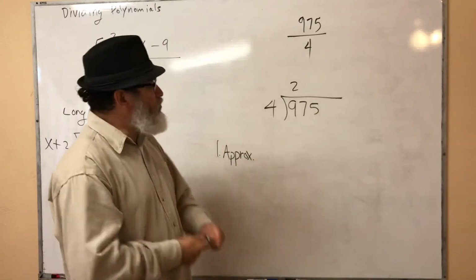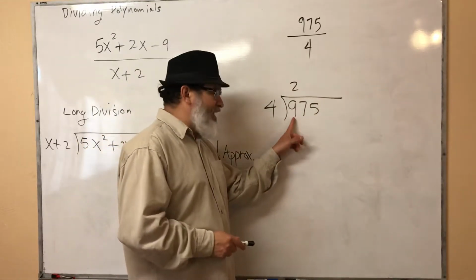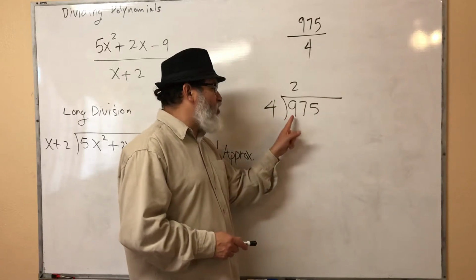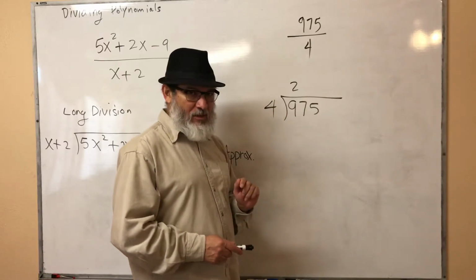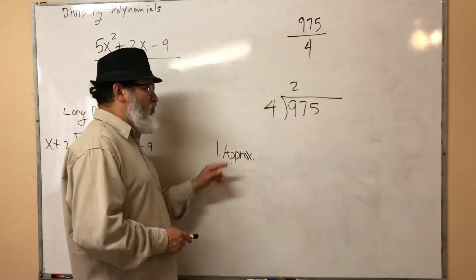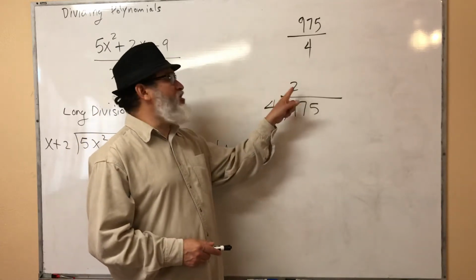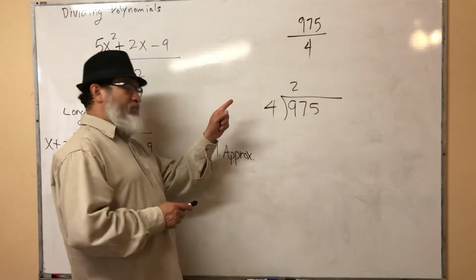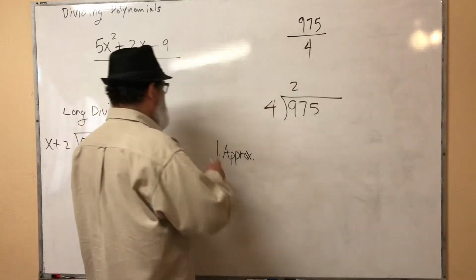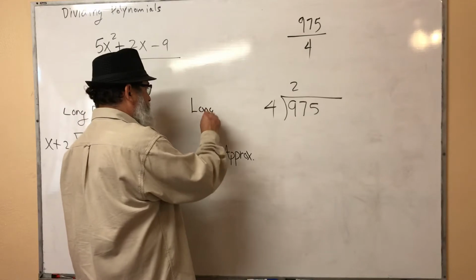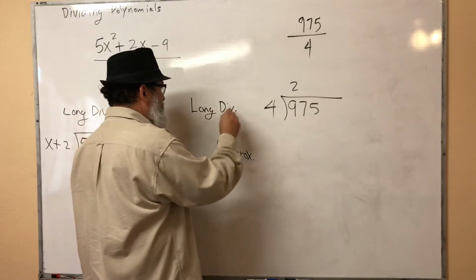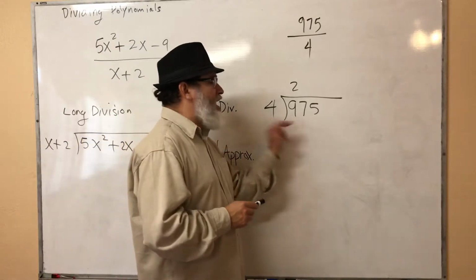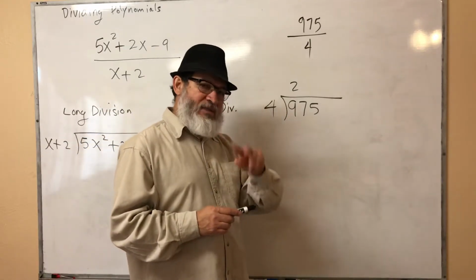Note, we start with the 9. To do the division, we say 4 goes into the first digit. And that's an approximation. Step number 1 in long division is approximate.